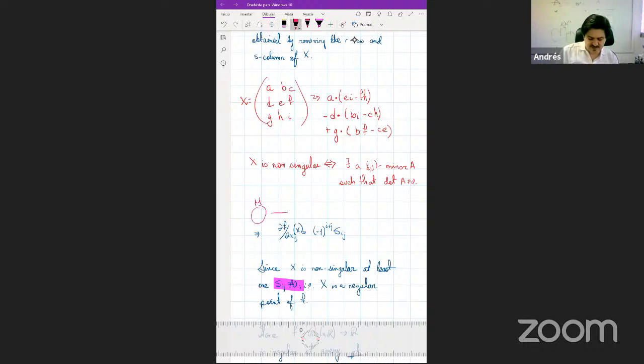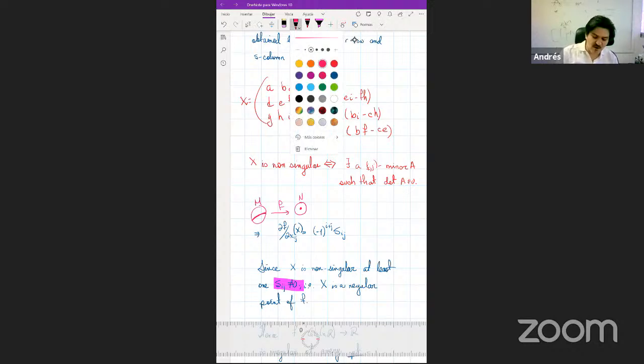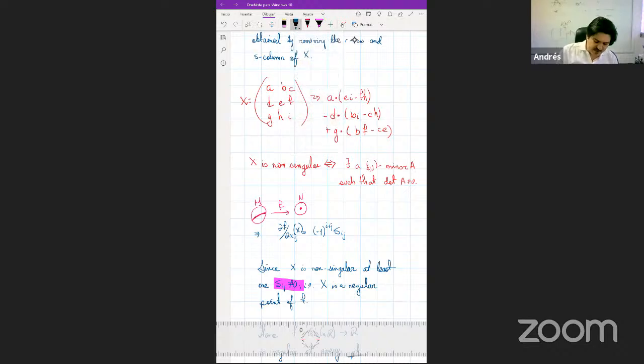I have M, F, N. I take a point here. I look at the preimage. The theorem that we're using requires that at every point here, we have a maximum rank, right? That's what we're using. At every point here, maximum rank. And then we have that it is a submanifold.